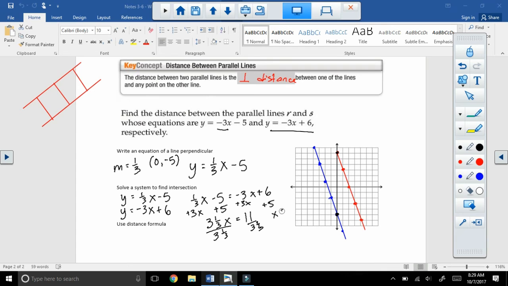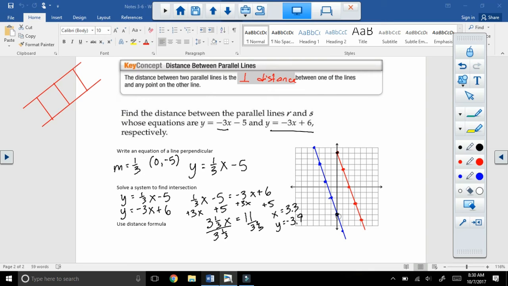So here x equals 3.3, and then I'm going to substitute it into either one of those equations. So if I have 1/3 times 3.3 and then minus 5, that's going to be negative 3.9. And I'm going to write that over here, negative 3.9.